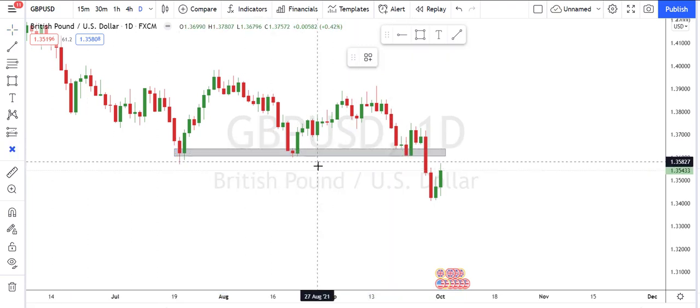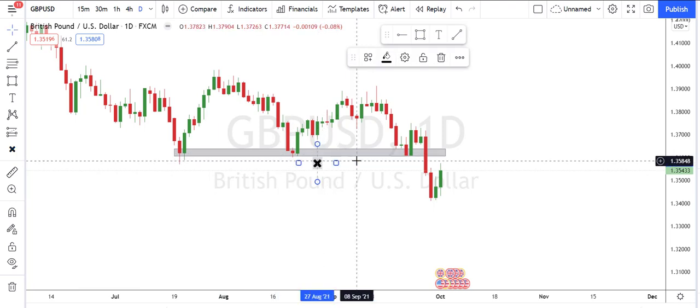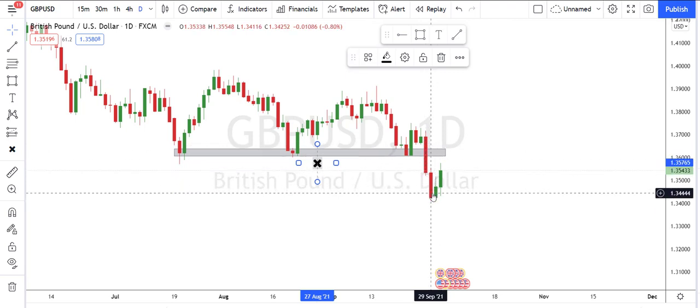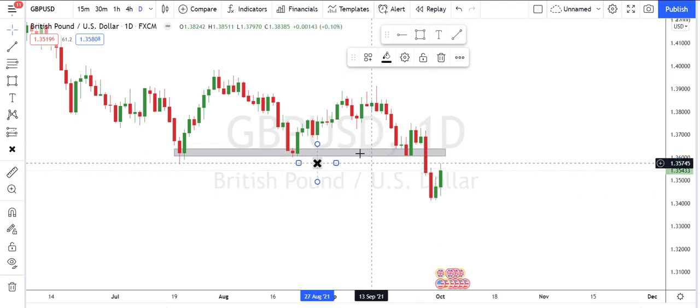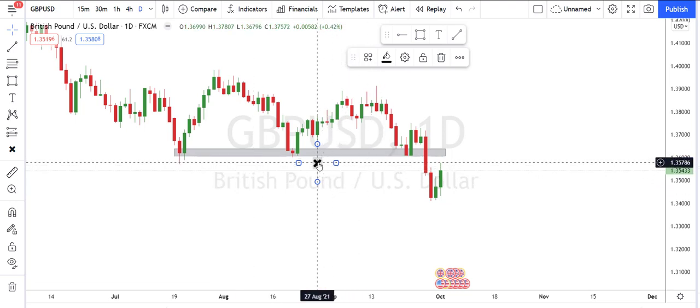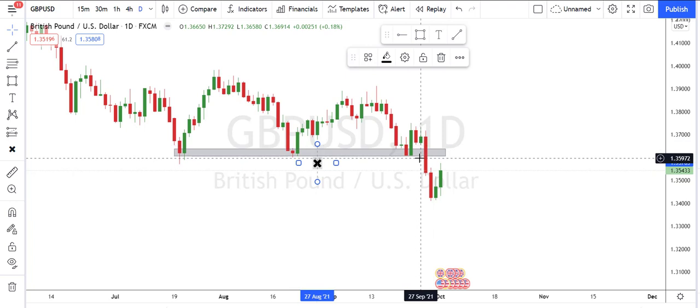So this created a kind of SL pool right here. Now, if we look at the movement of these two candles, we can clearly see that price grabbed the SL of retail traders with the strong bearish movement.